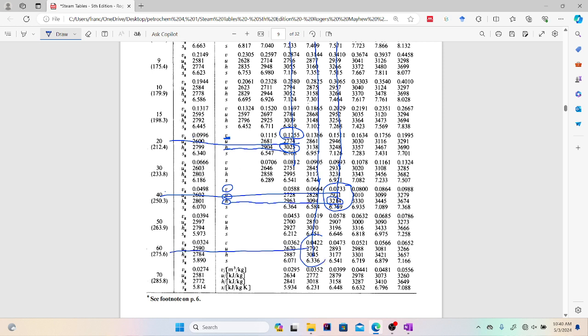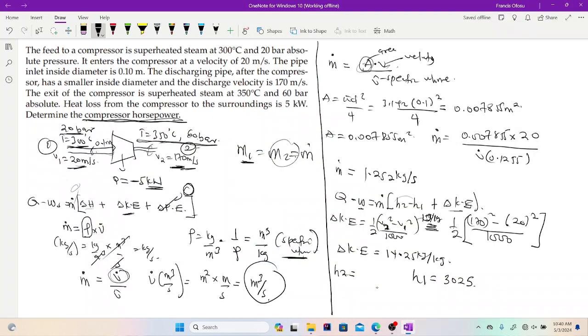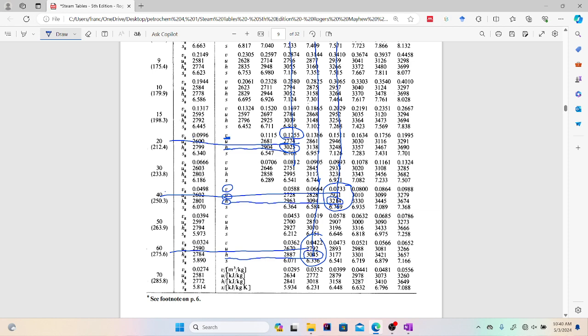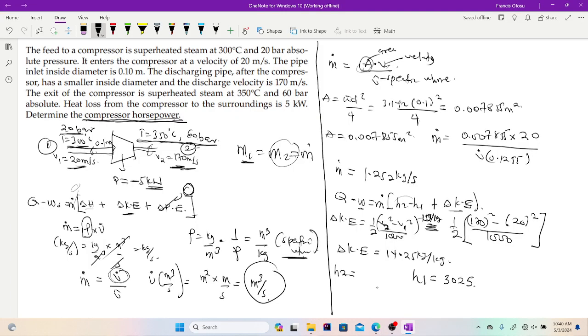So we are reading from these values. Enthalpy is this, so that would be 3045 kilojoules per kilogram.